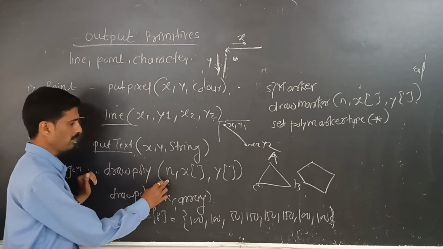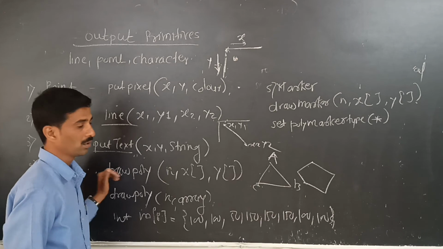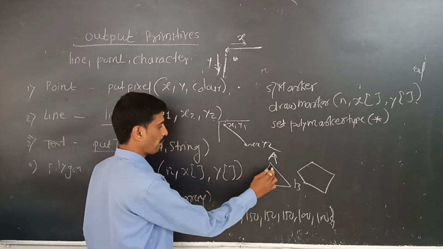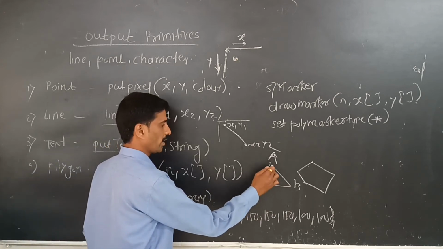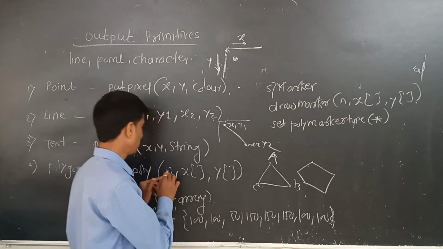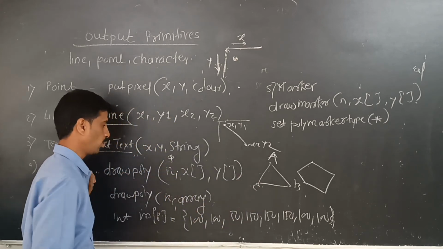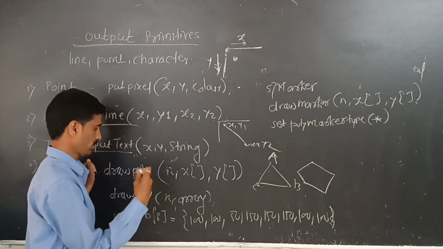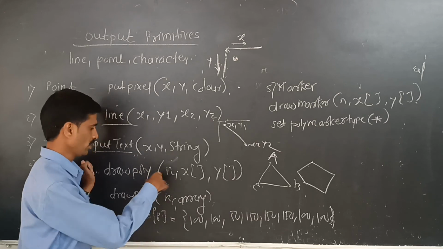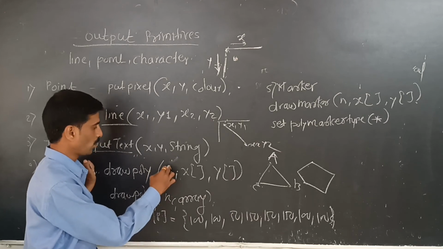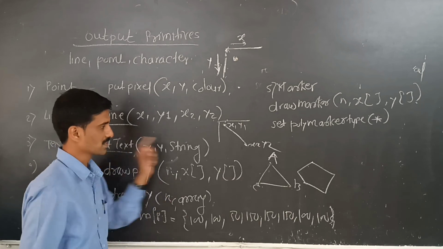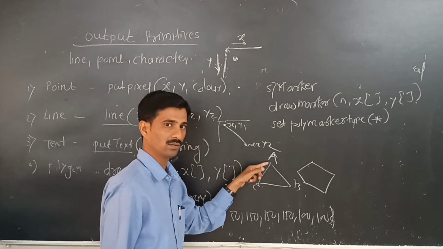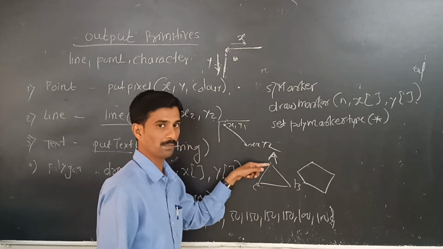Draw poly n. So what does n mean? For drawing this triangle, we require 3 points, A, B, C. But you have to take 4 here. One extra point you have to add, because we have to come back to the same position.